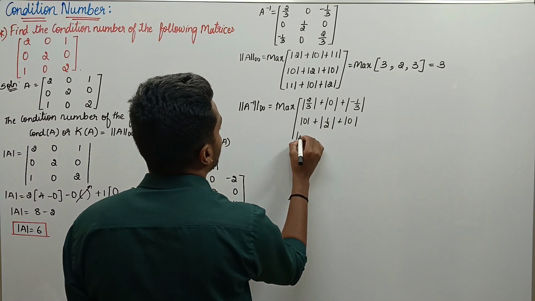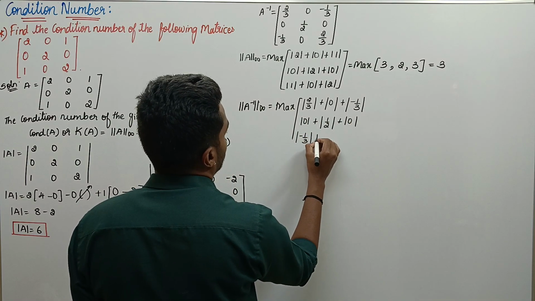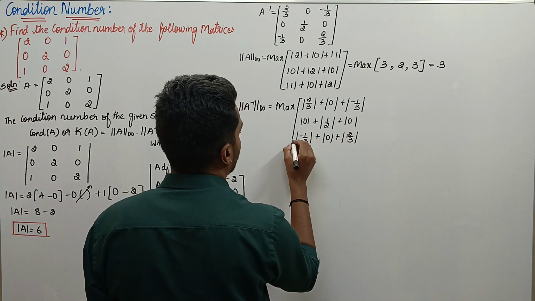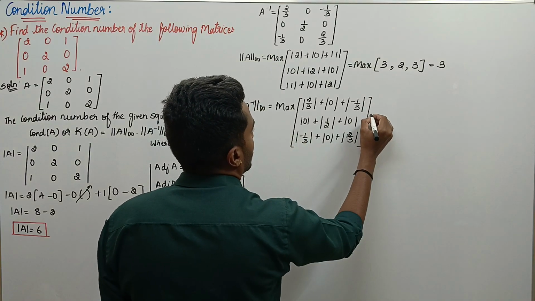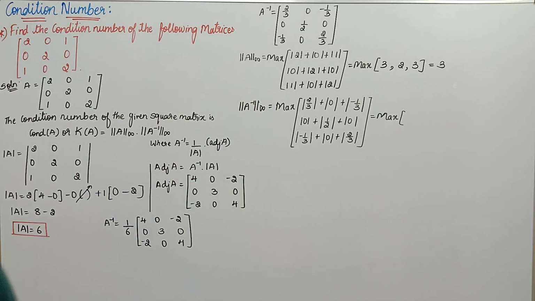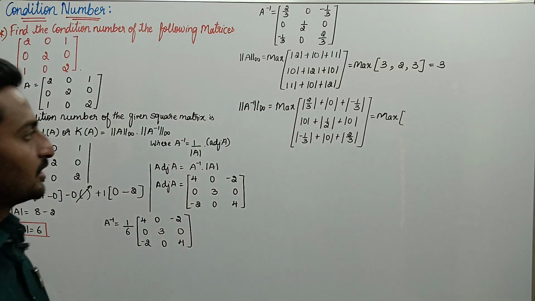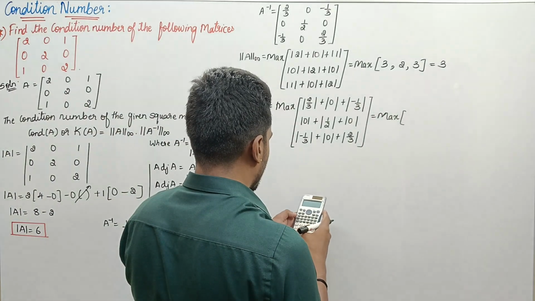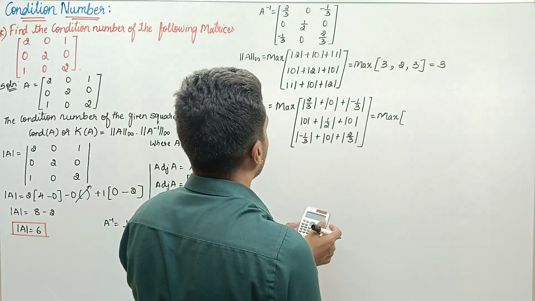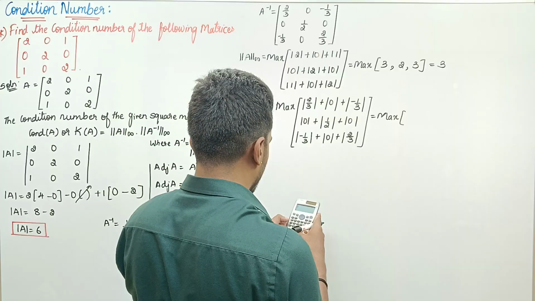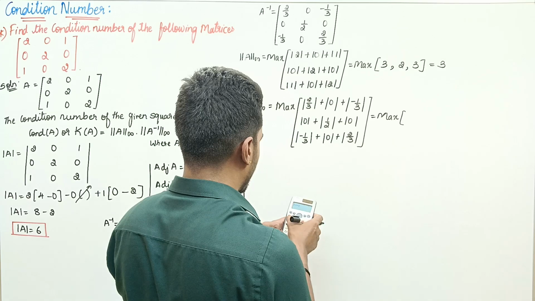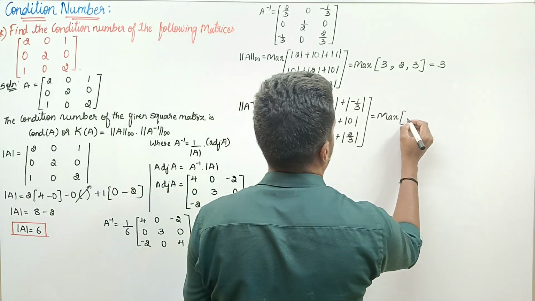Next we have minus 1 by 3 plus 0 plus modulus 2 by 3, which is equal to maximum of, add row wise. 2 divided by 3 plus 0 plus 1 divided by 3, you get 1.